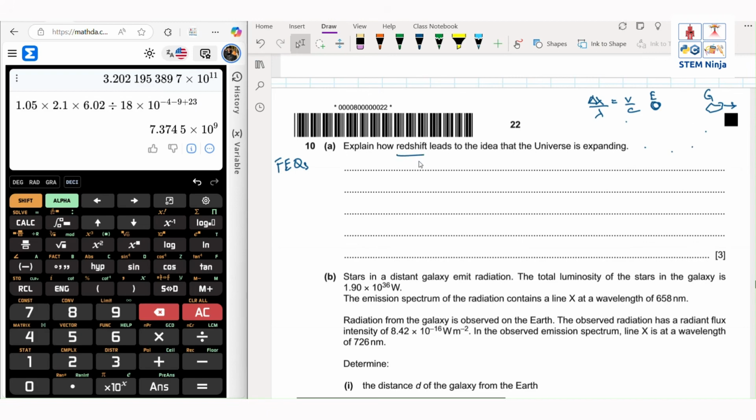So first off, we might have to describe a little bit of a redshift.